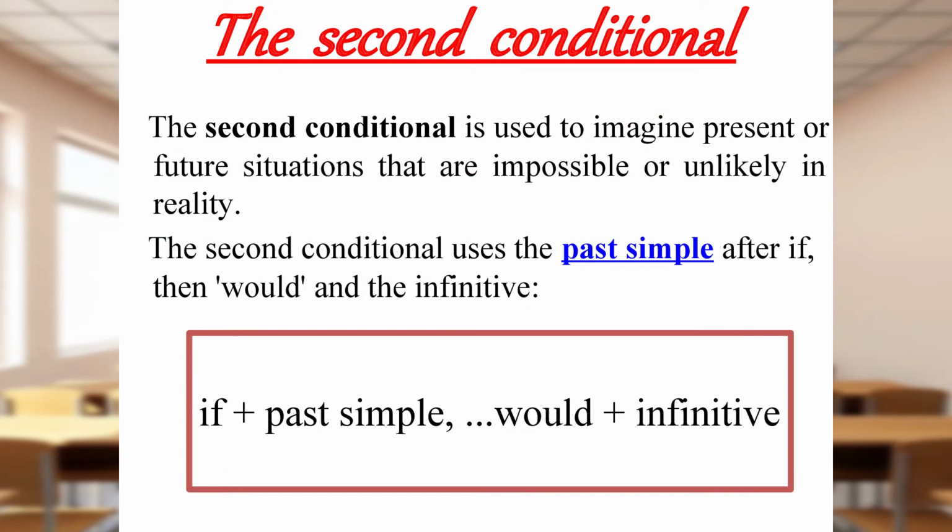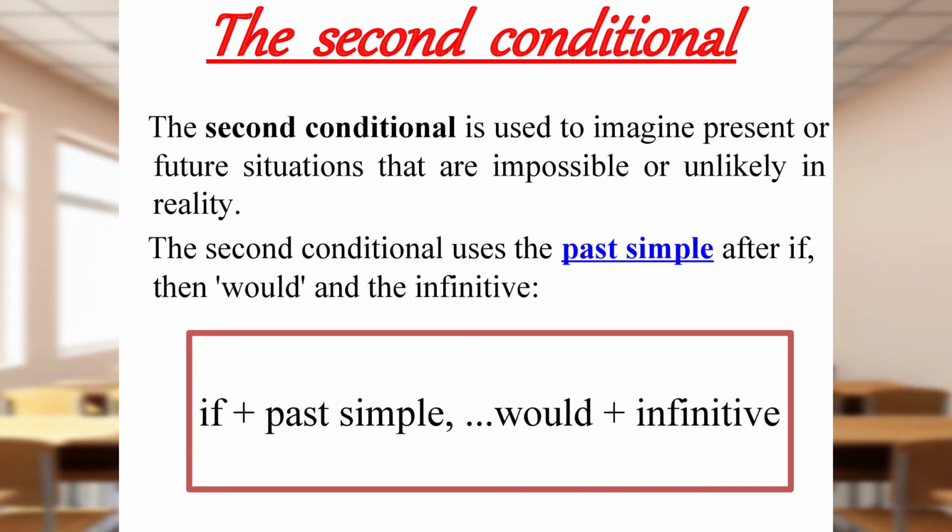The second conditional is used to imagine present or future situations that are impossible or unlikely in reality. The second conditional uses the past simple after if, then would and the infinitive.